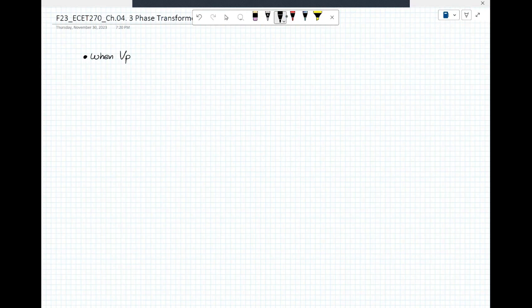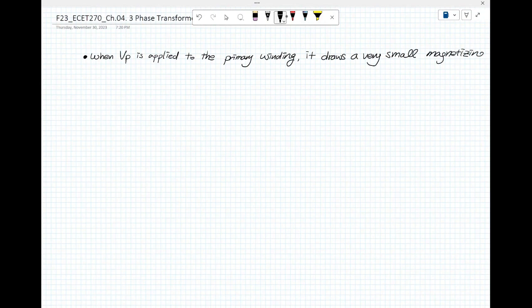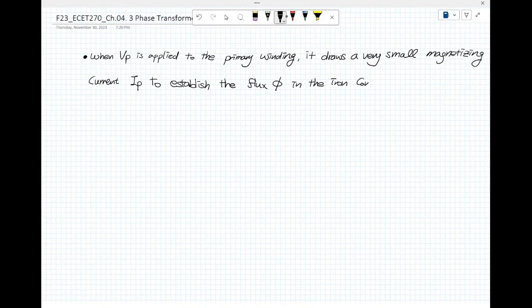When alternating voltage is applied to the primary winding, it draws a very small magnetizing current, I sub P, which produces flux phi in the iron core.